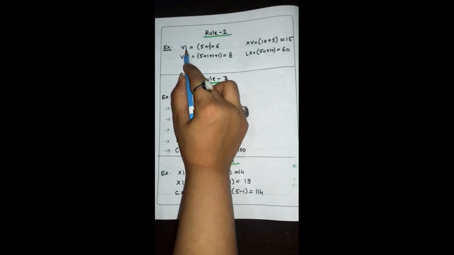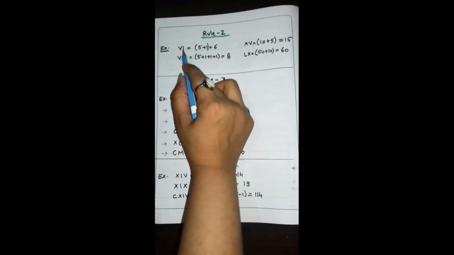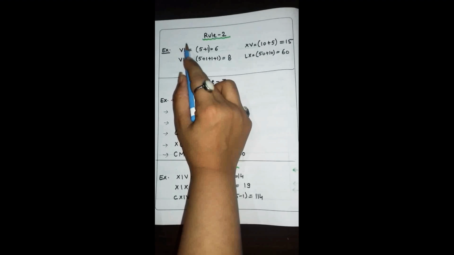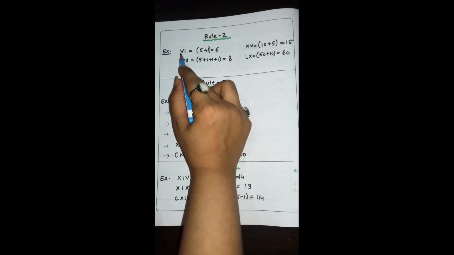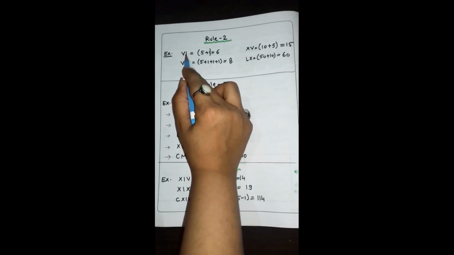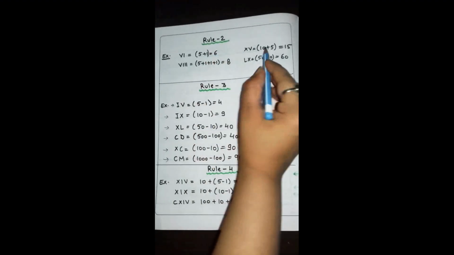I is smaller than V. So when a smaller numeral is written to the right side of the larger numeral, it is always added to the larger numeral. V stands for 5 and I stands for 1. So 5 plus 1 is equal to 6.